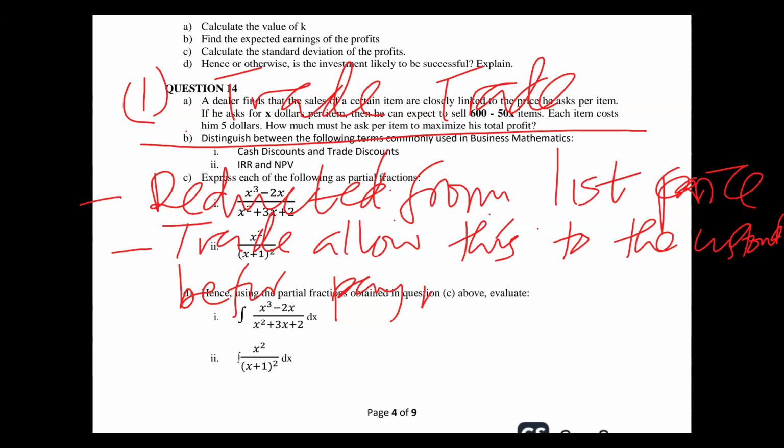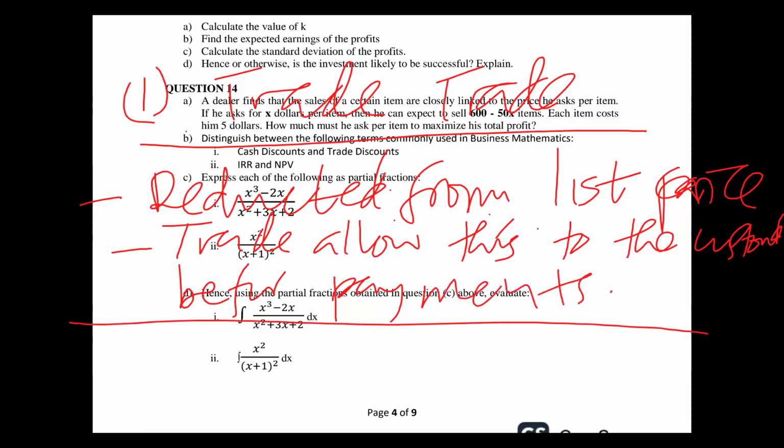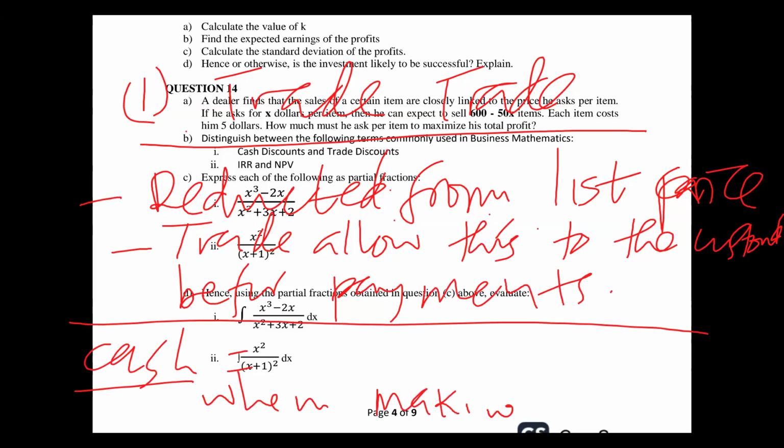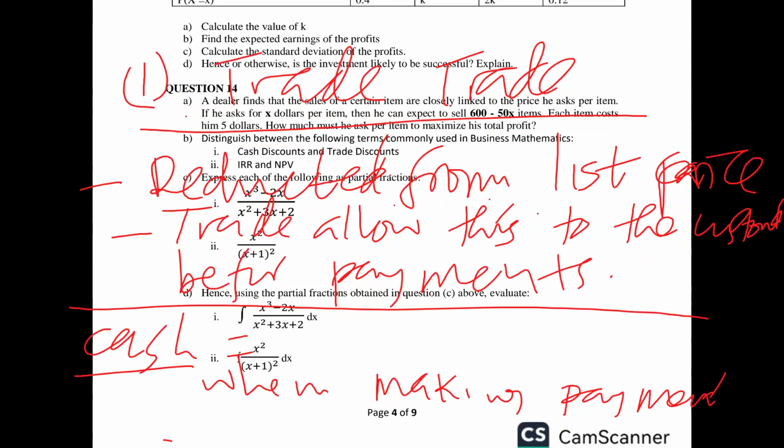Then cash discount. This one is allowed to the customer when he or she is making payments for the goods. So this one is when making payments. I'll give you a scenario. For example, you go to the shop to buy some goods on credit. You want to buy a computer whose price is 10,000.